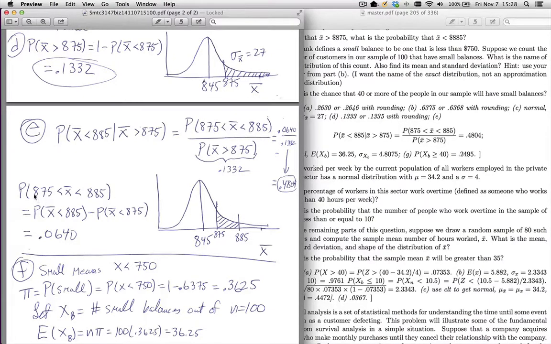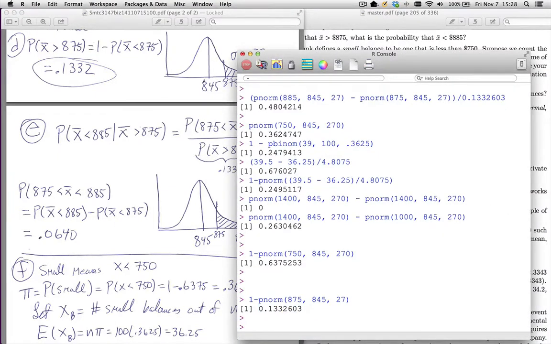What's the probability that we're sandwiched between 875 and 885? Well, again, we split it up like we did back in part A. So we might as well go do this in R. This is going to be p-norm 875, 845. Now I've got to use the right standard deviation, which is 27. Oopsie, I made a mistake. This needs to be 885. Okay, less p-norm. Let's find the second one over here.